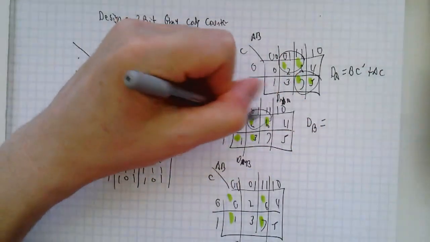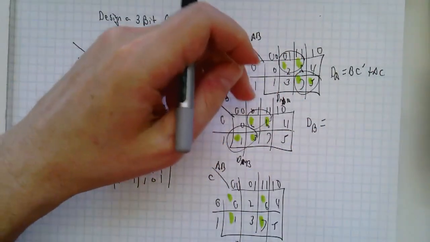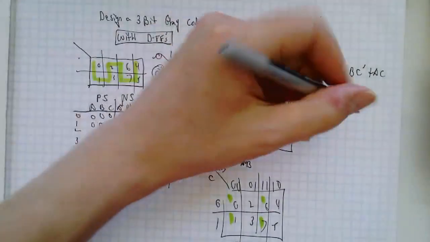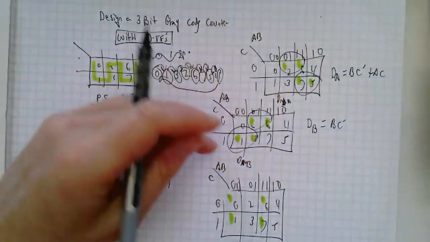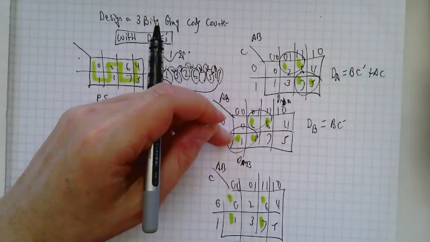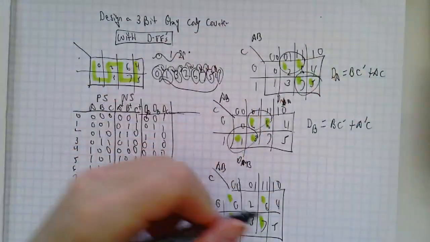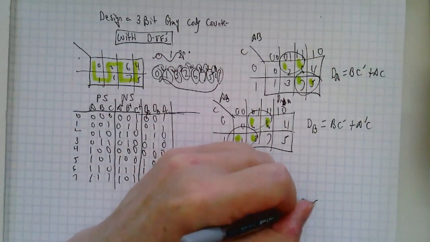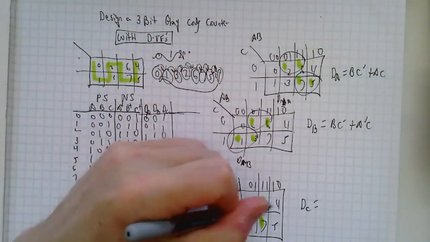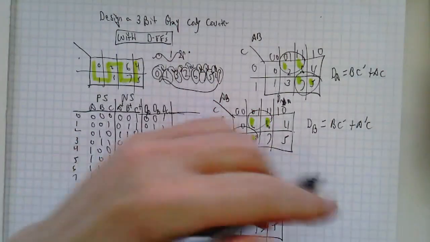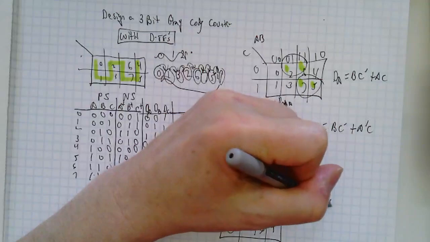That's going to be BC prime, and that's going to be A prime C. That's going to be A prime B prime, and that's going to be AB.